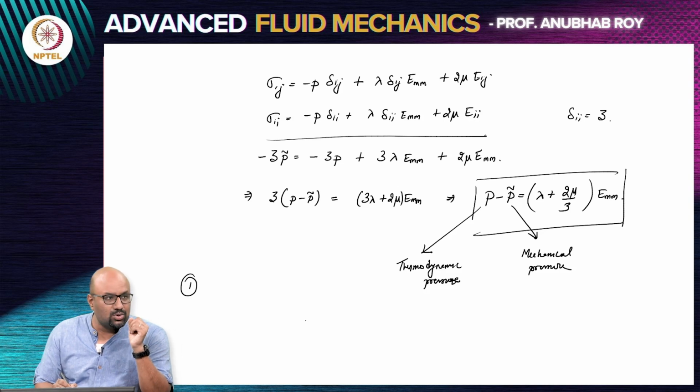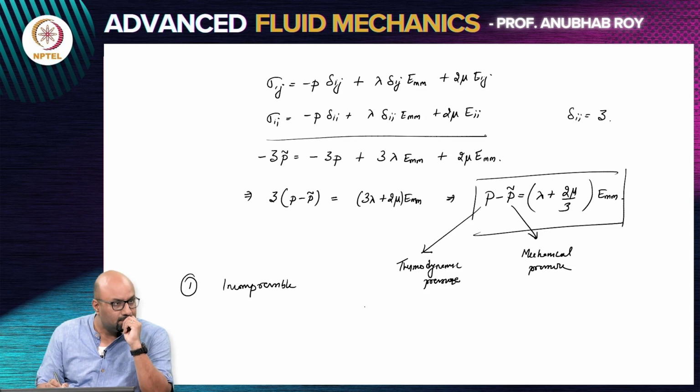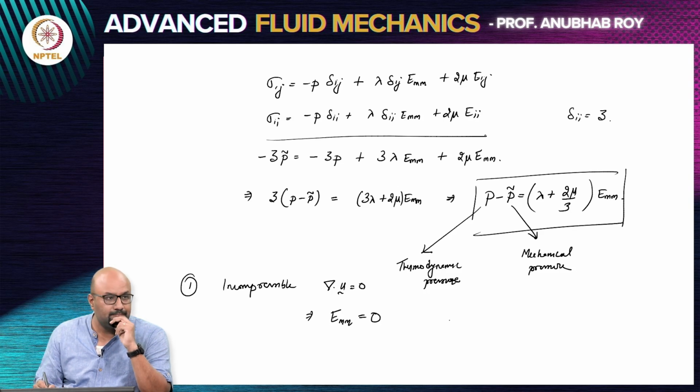Now, you can consider two scenarios. One is when the system is incompressible. If the system is incompressible, which is divergence of u is 0, in terms of rate of strain tensor, this implies Emm is equal to 0.